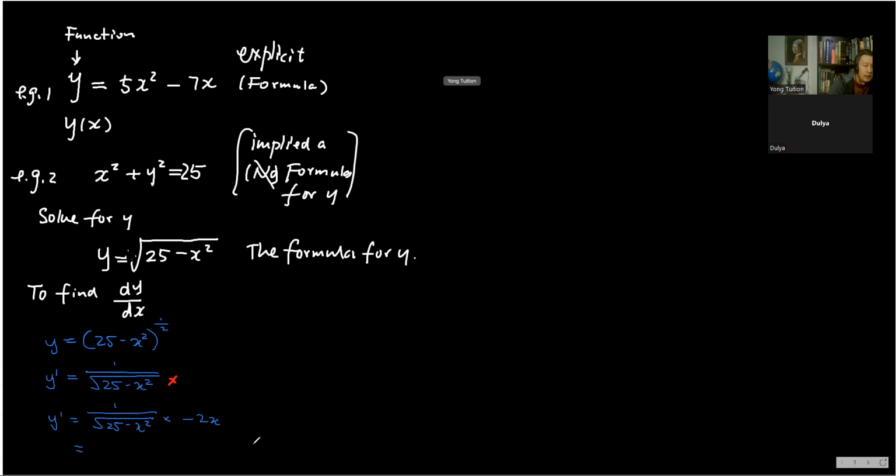Multiply the bracket. That's right. So in this way, we can differentiate that. We can find the first derivative.